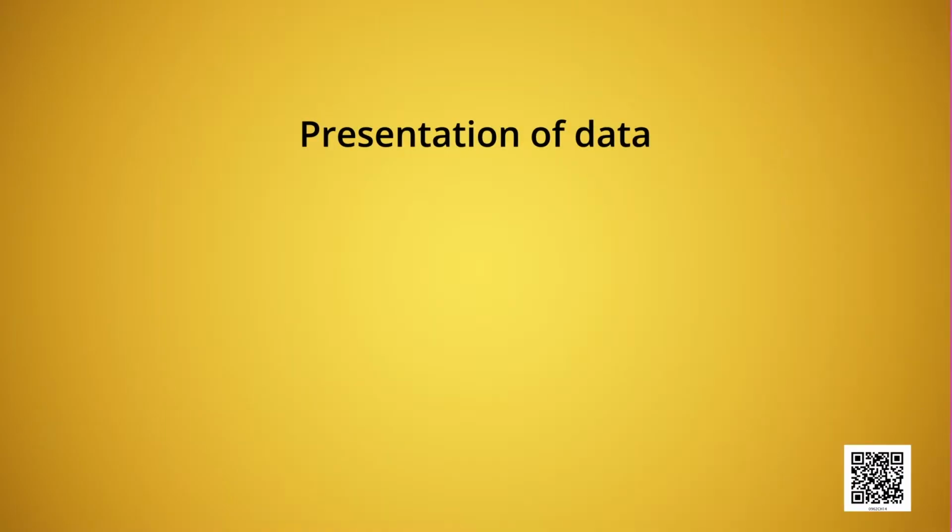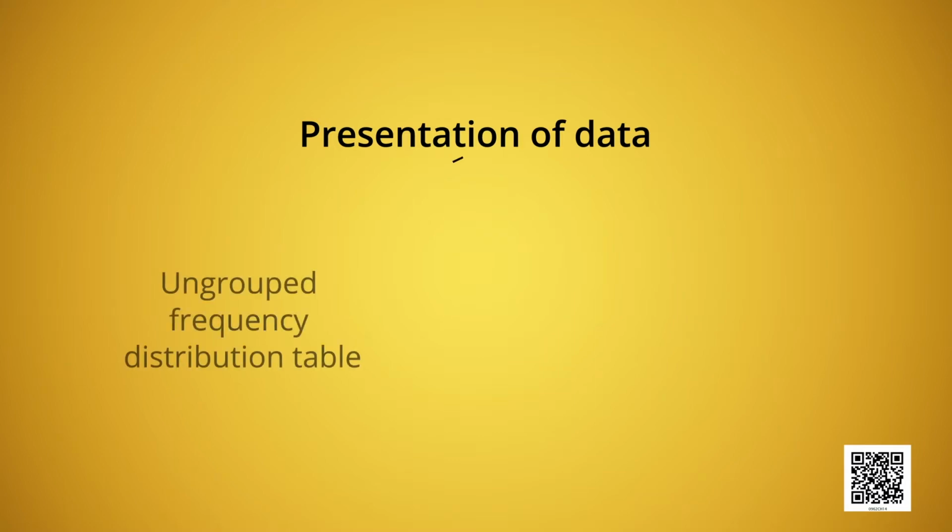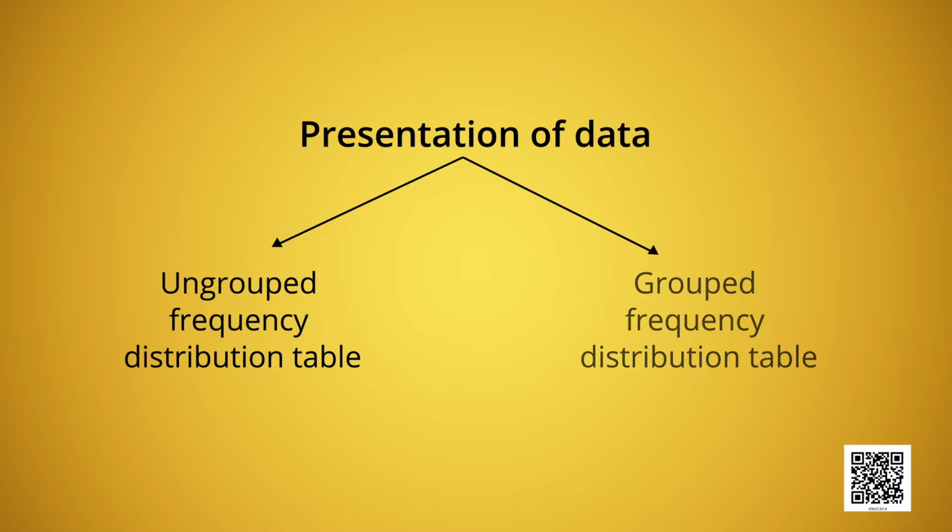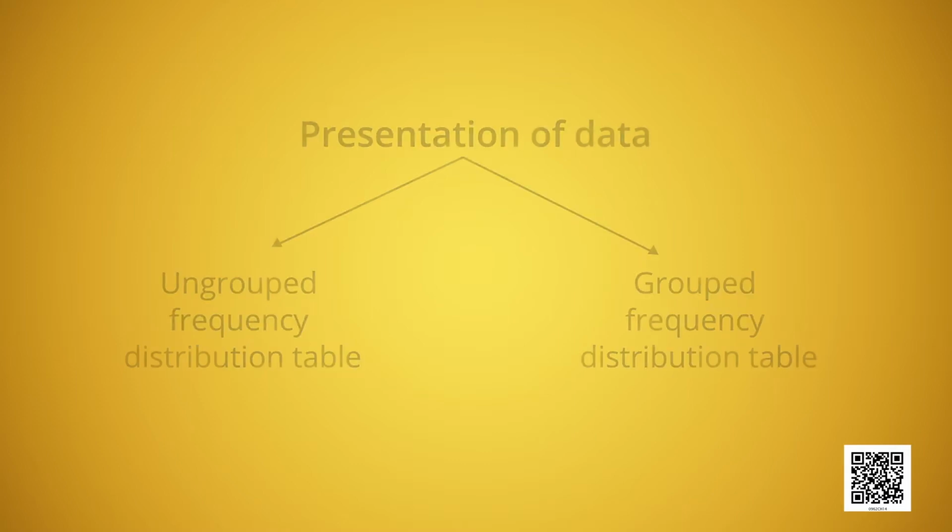So now let us see how we are going to present this data. Data can be represented in a meaningful, easily understood manner in two ways. One is an ungrouped frequency distribution table and another is with the help of a grouped frequency distribution table. Children, look at this data collected by a student of class 9 regarding the marks obtained by 30 students of his class in a class test.